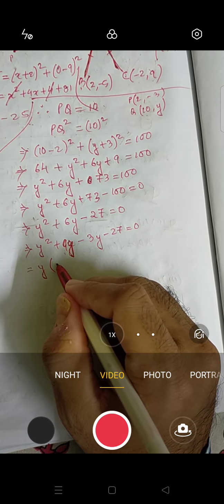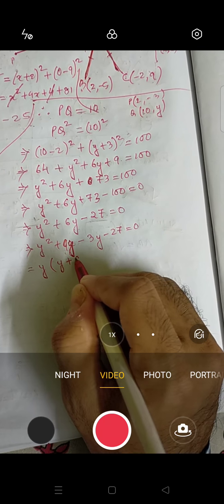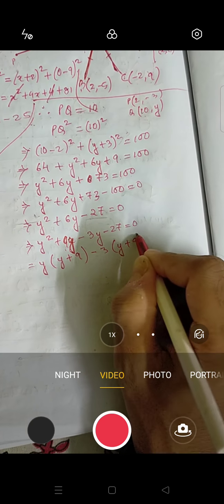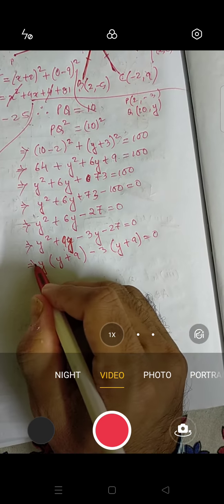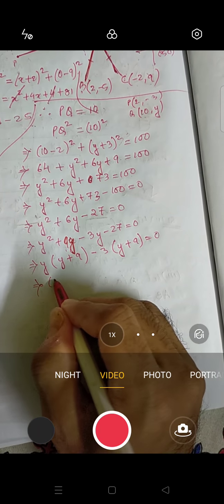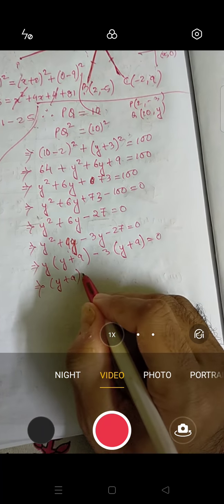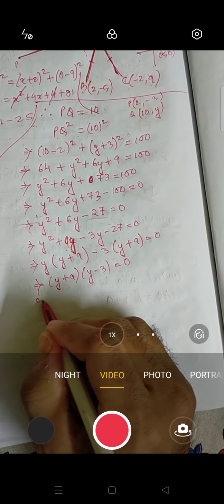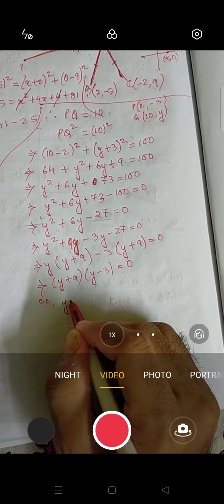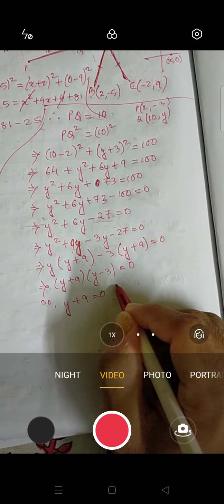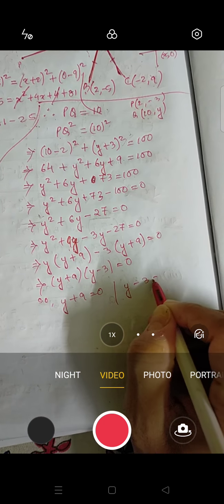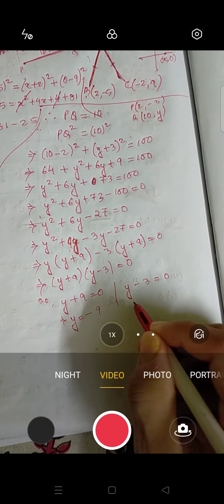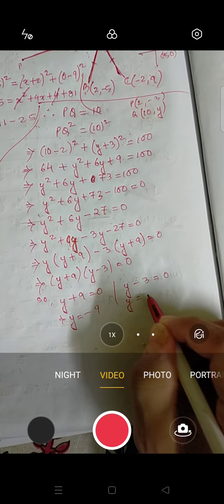Now we take y common: y plus 9, and minus 3 common, so y plus 9 times y minus 3 equals 0. So y plus 9 equals 0 or y minus 3 equals 0. This can be written as y equals minus 9, or y equals 3.